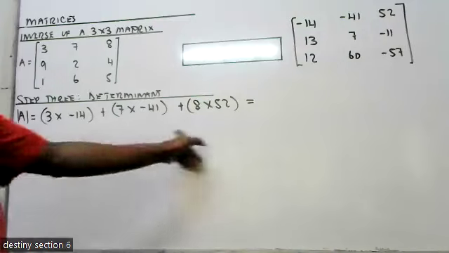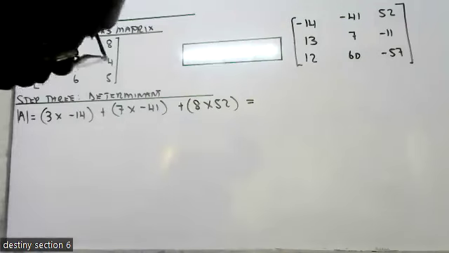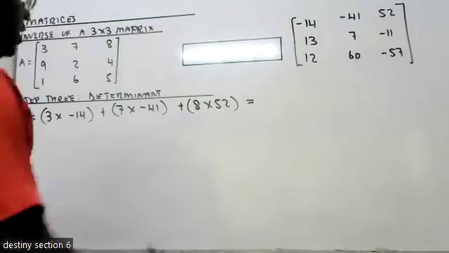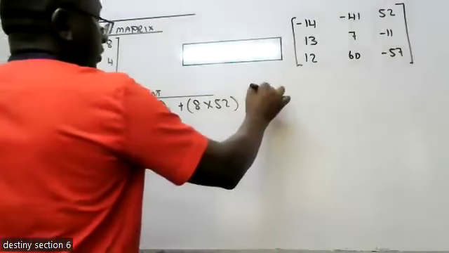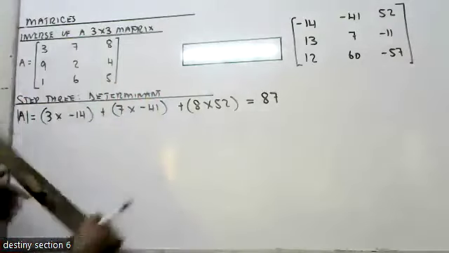What are you getting here when you multiply? 87. 87, good. That is how you get the determinant.